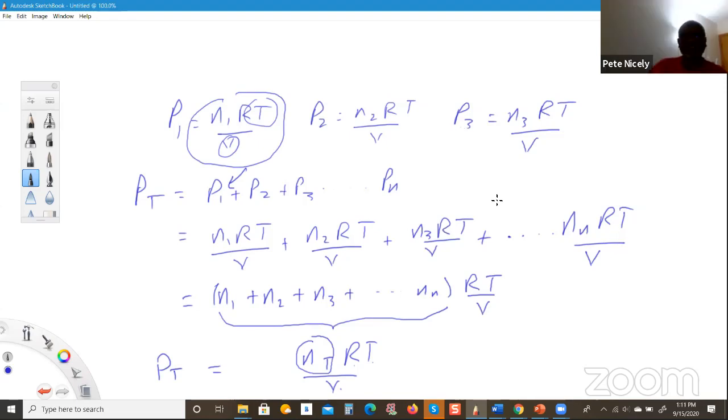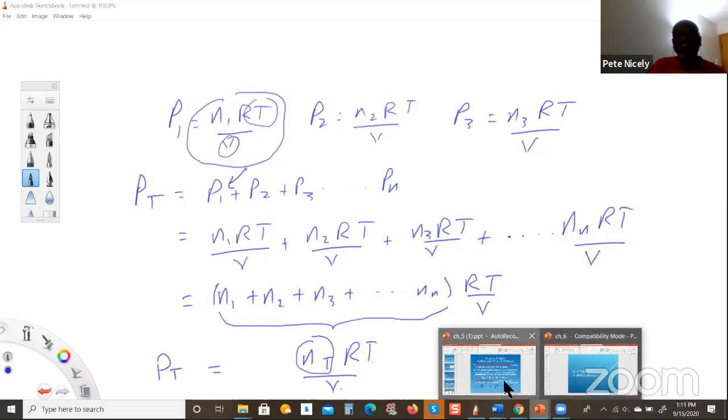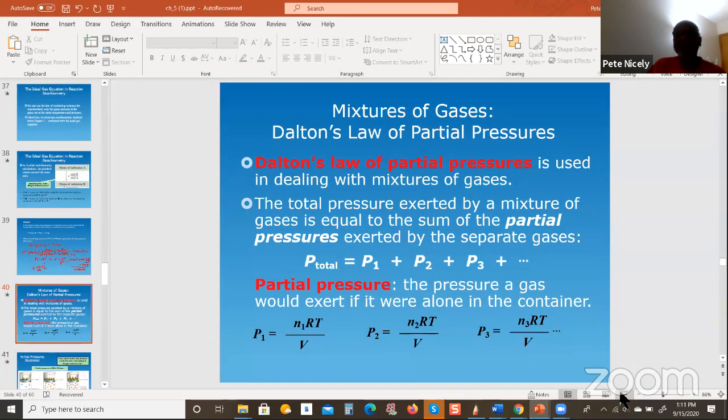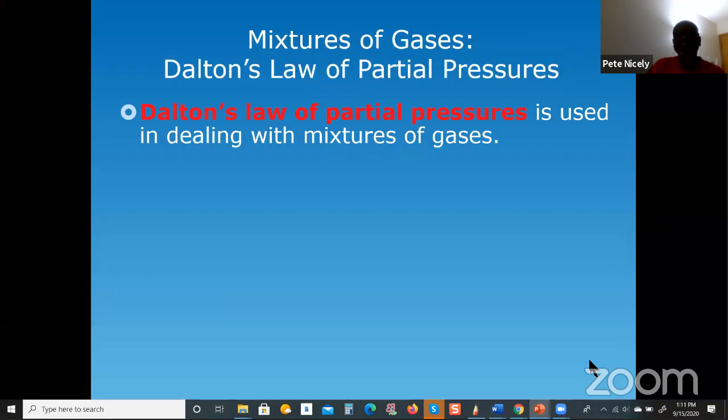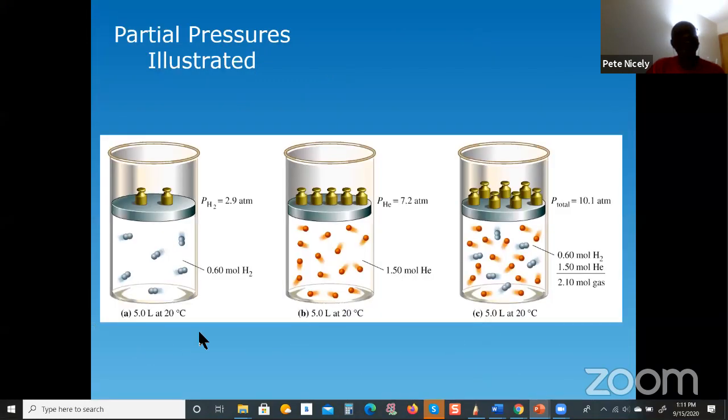Okay, so let's look at a pictorial representation of Dalton's law demonstrated here. So here we have two gases. We have hydrogen, 0.6 moles, and the pressure is 2.9 atmospheres, and the volume and temperature is given here, right?